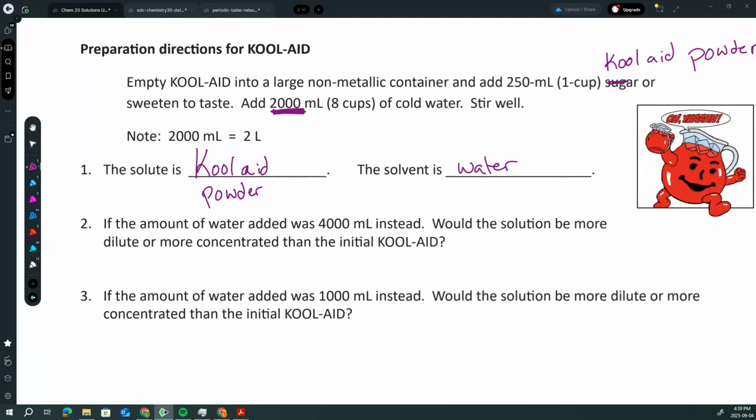We started off with 2,000 milliliters, and now we're increasing the amount of water to 4,000 milliliters. So if we increase the amount of water while still keeping the same amount of solute, that's going to mean that this Kool-Aid solution is going to become more dilute because we're increasing the amount of solvent in the solution.